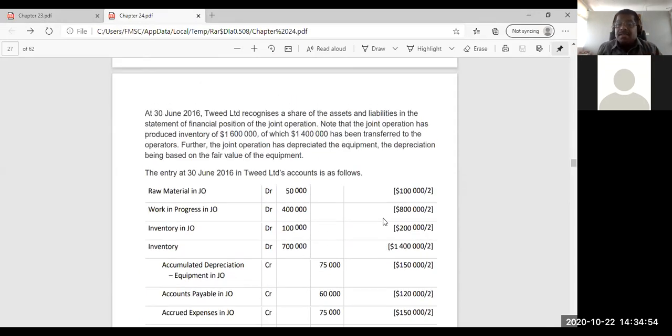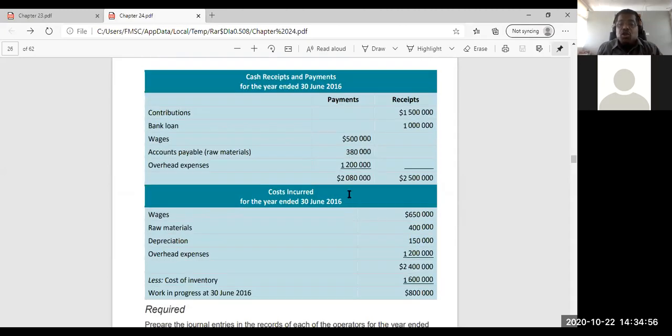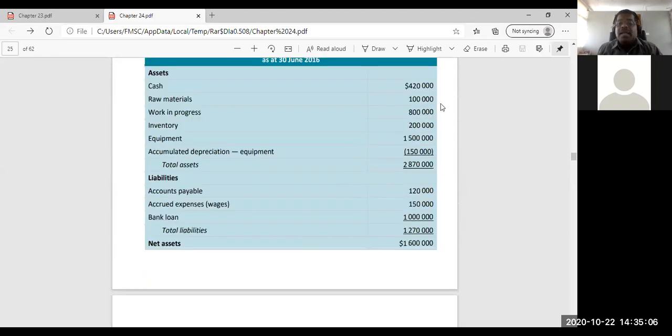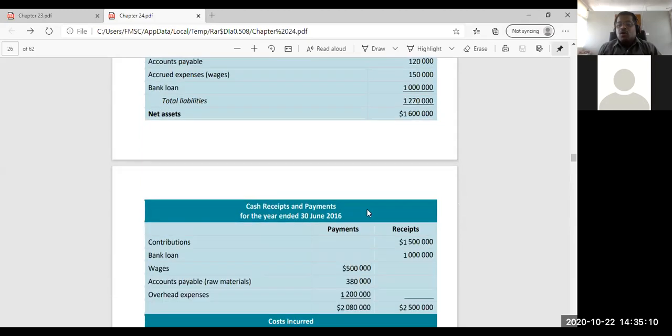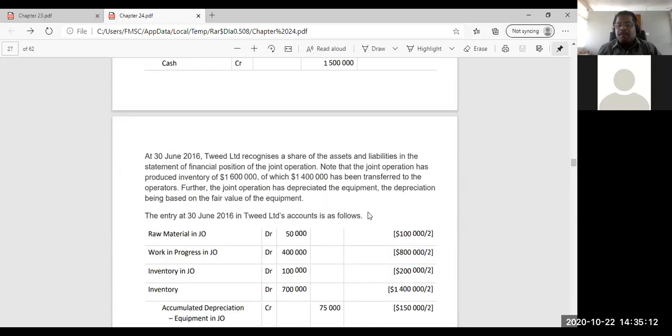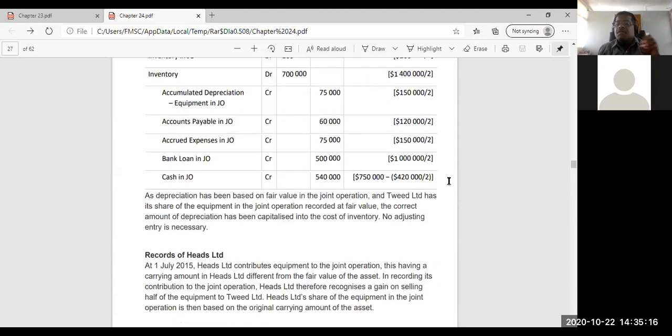Next, what would be the closing cash of the joint operation? What would be the joint operation closing cash book? 2,500 minus 2,080, that is 420, which appears in the balance sheet here, 420. So this 420 is an asset of which 50% is for you.